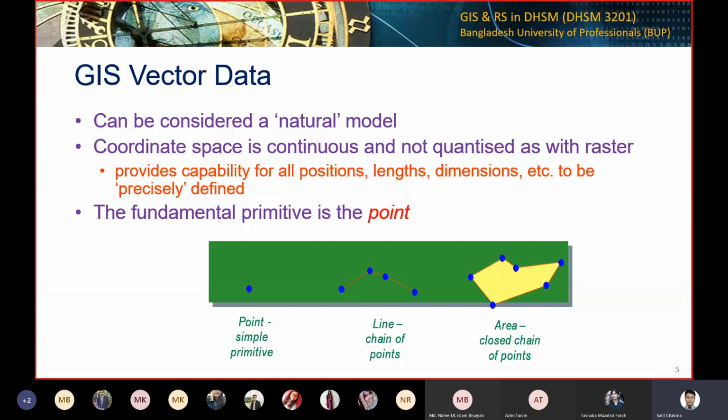For example, the house, the river path, or the bank of the river exactly as it is in reality, to the very much possible detail and precision. That means how an object or phenomenon looks in reality can be replicated exactly as it is in a scaled down form in GIS.